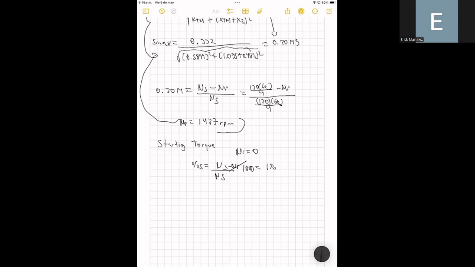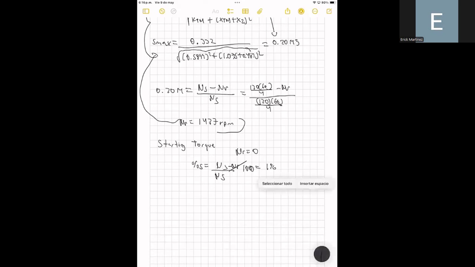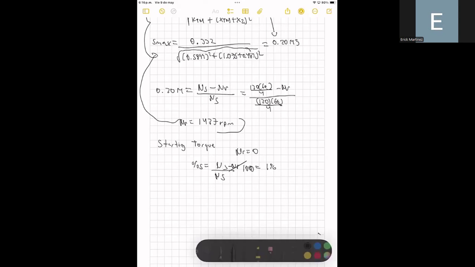So this basically means that in the starting torque, the slip should be equal to 1. Sorry, I should express this better.